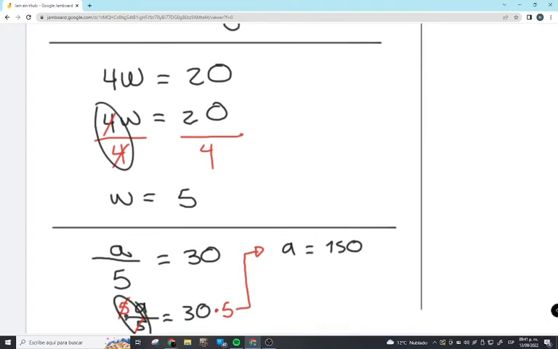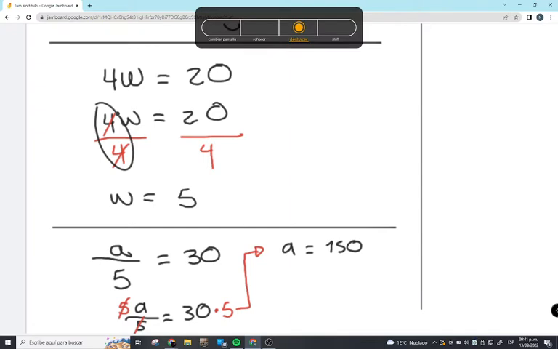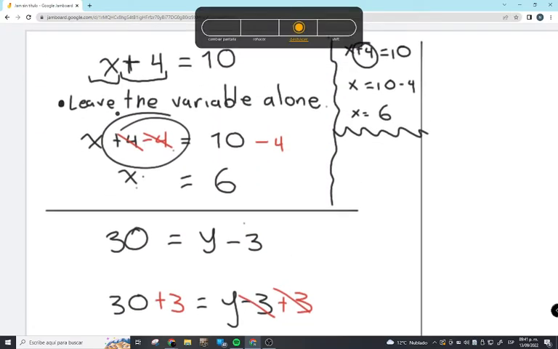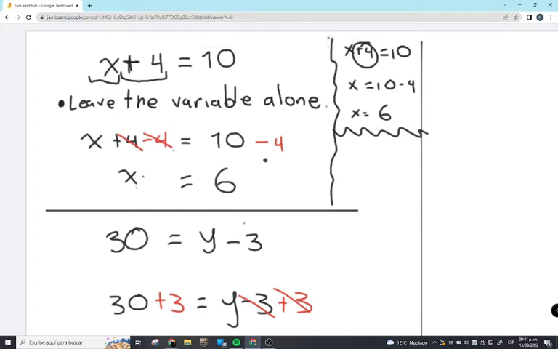The part where you are aware that this number that was in our way now disappears, but we have to do the same on the other side. It's okay if you want to do it like that, but for now I am going to stick with the explanation of doing the same thing on both sides.